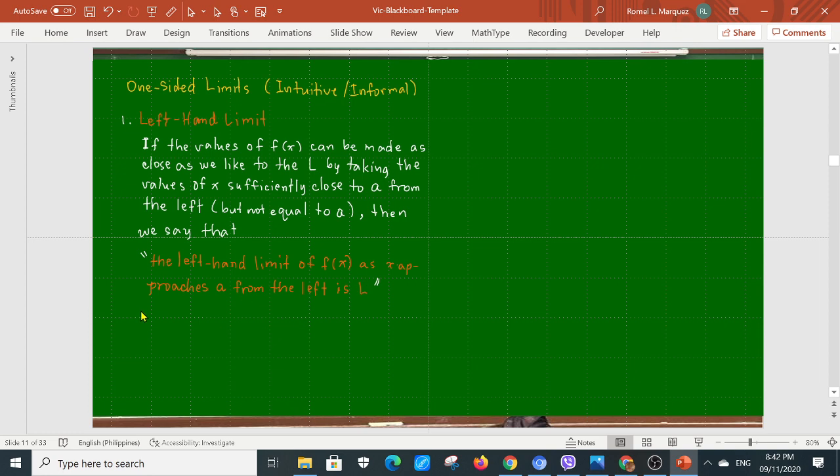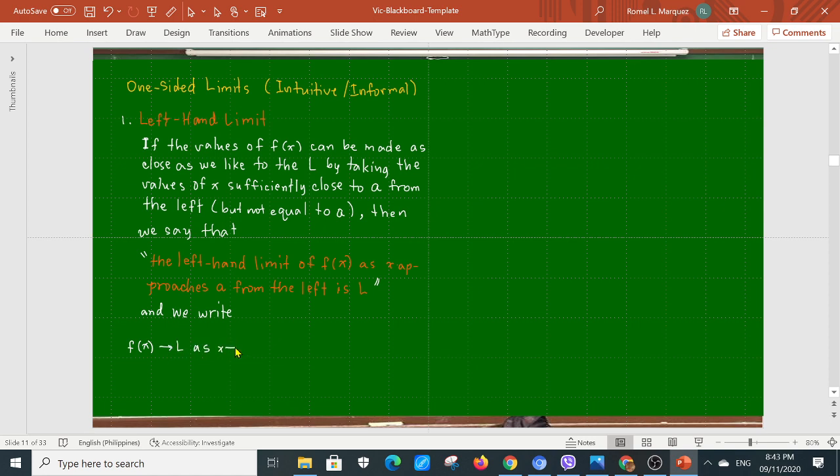And we write, then we will just copy this later. f of x approaches L as what?